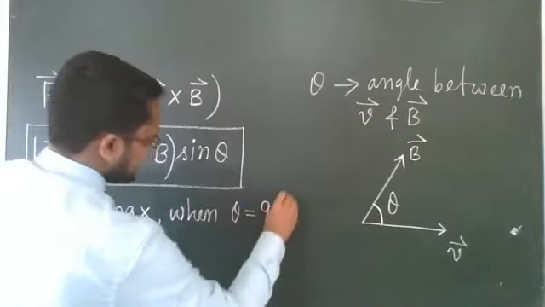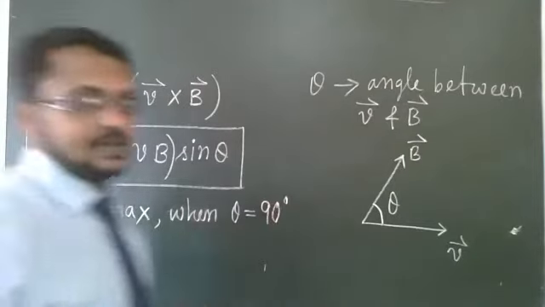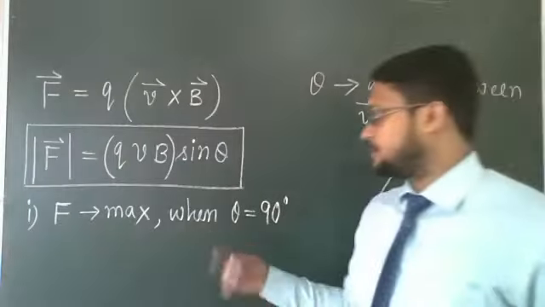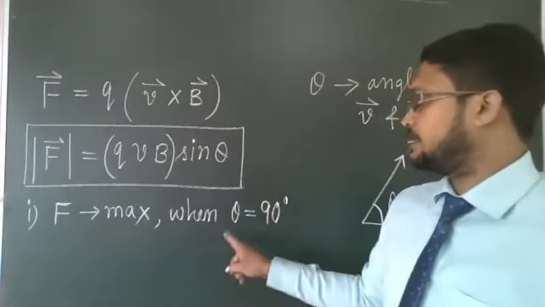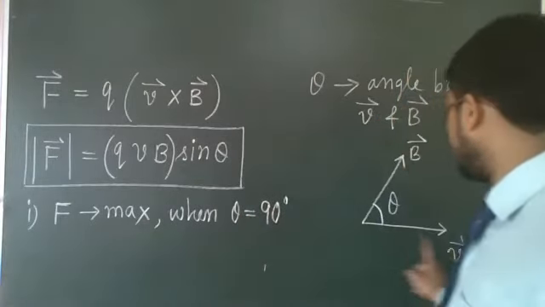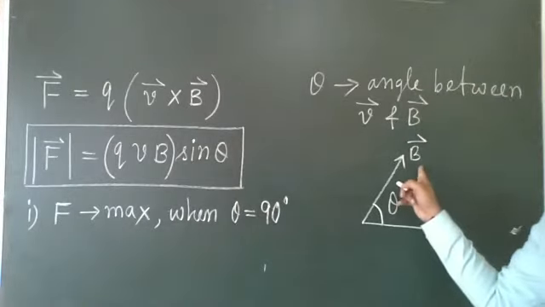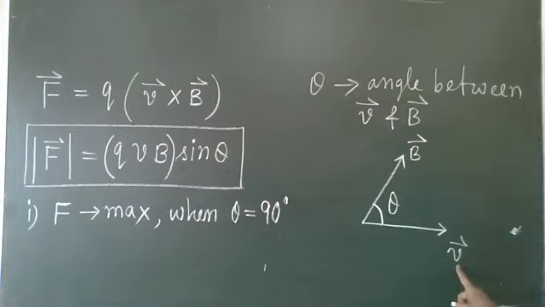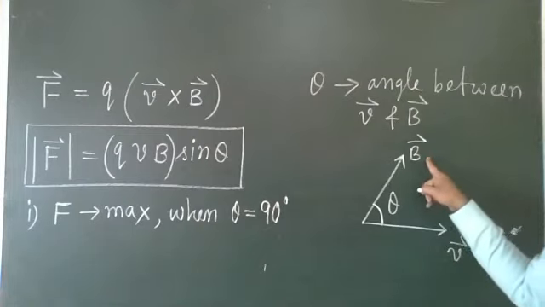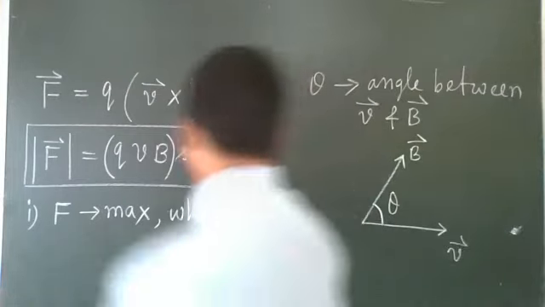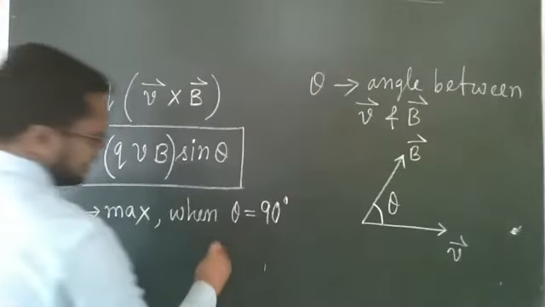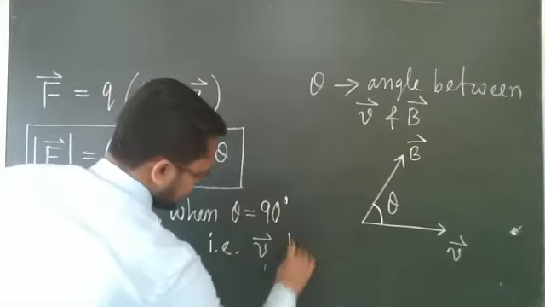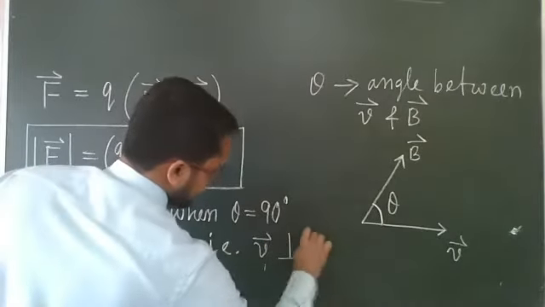These short questions are very, very important. When will the magnetic force on a moving charged particle be maximum? In this way we will write, not only theta equal to 90: when the angle between the velocity vector and the magnetic field vector is 90 degrees. That is, the velocity vector is perpendicular to the B vector.